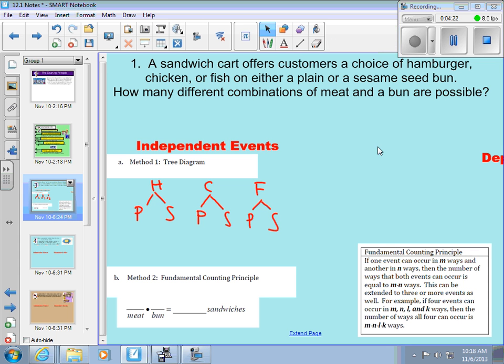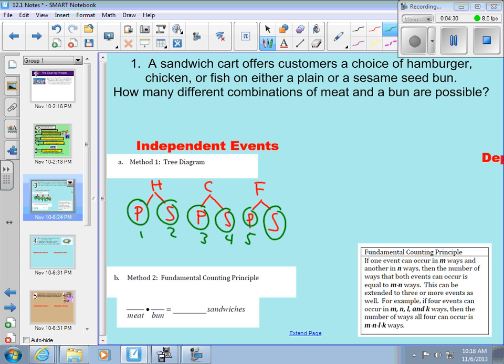If you count these out, you have 1, 2, 3, 4, 5, or 6 different choices of sandwiches. So the total number of sandwiches that could be ordered would be 6. Now that works. It's a little labor intensive, and if we added more possibilities to our sandwiches, we would end up having a lot of branches on our tree diagram.